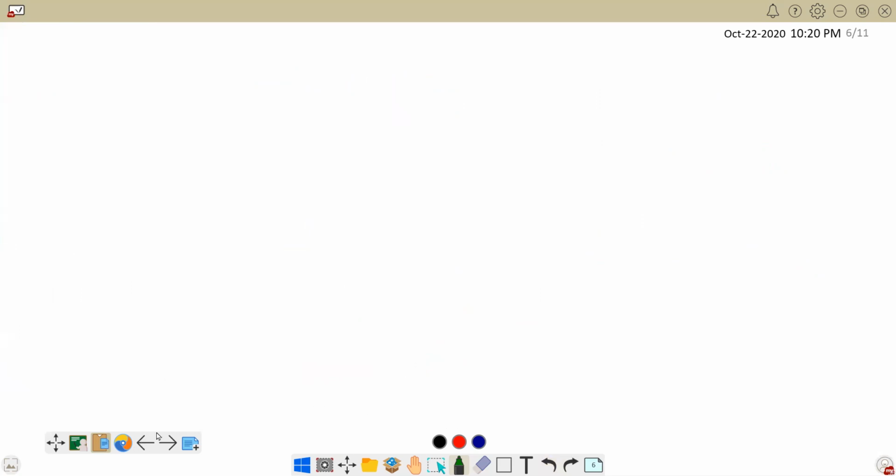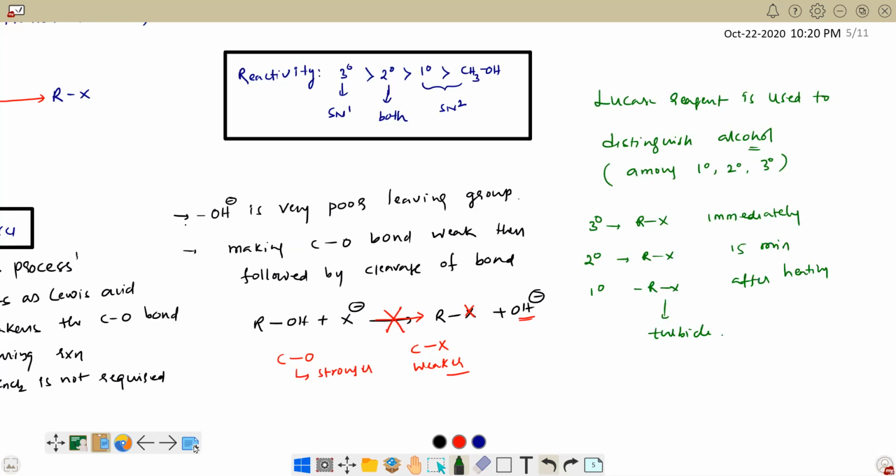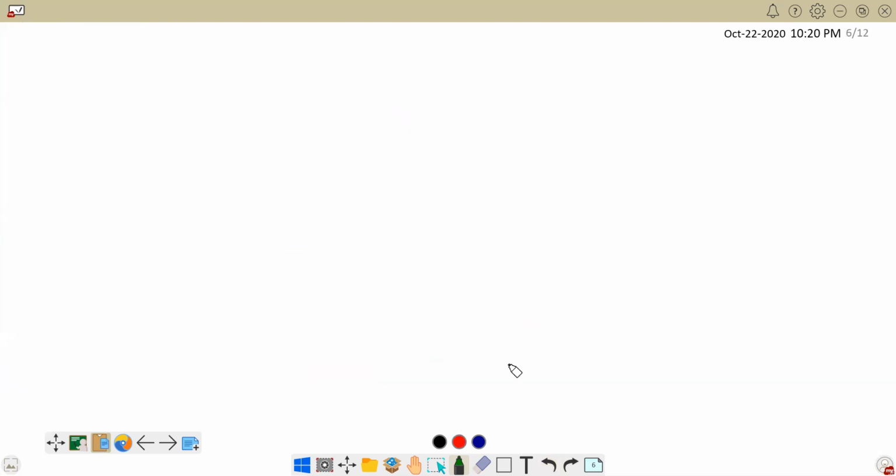Write the question. Which of the following alcohols slowly reacts with Lucas reagent?